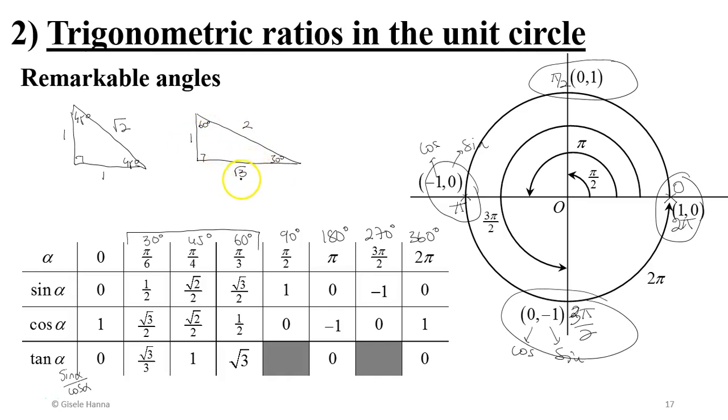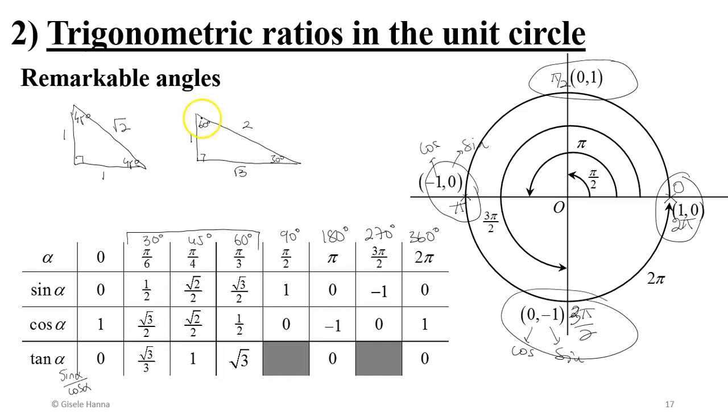So according to Pythagoras, this would be square root of 3. So if you notice, sine of 30 is opposite over hypotenuse, so it's half, while cosine of 30 is square root 3 over 2.